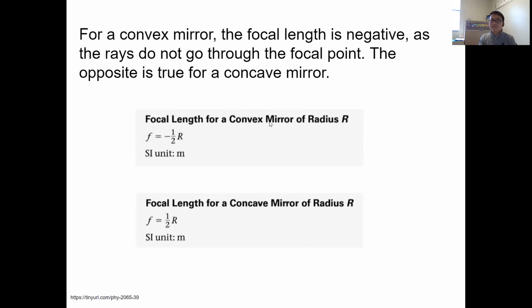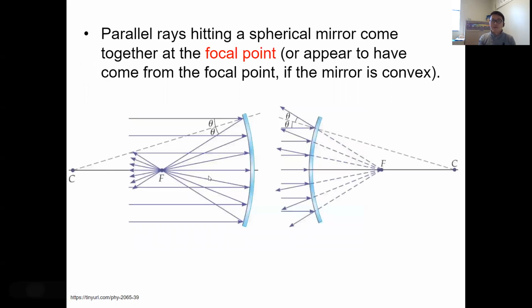For the concave mirror, because the reflected rays do meet at the focal point, the focal length is positive. It can be proven from geometry that the focal length for the concave and convex mirror is 1/2 of the radius of the curvature: for a convex mirror it is minus 1/2 of the radius, and for a concave mirror it is 1/2 of the radius. You can see from this figure.